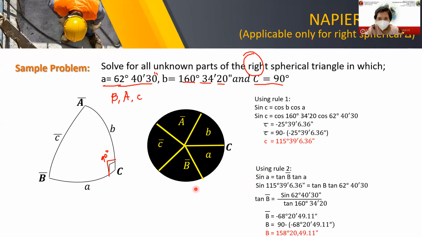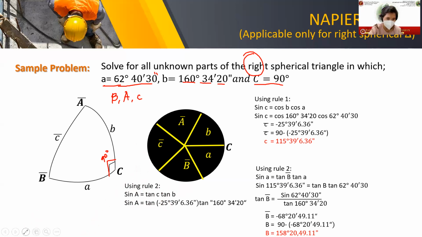dito tayo sa isang illustration. Okay, dito tayo. Si sine A is equals to tangent ni C and tangent ni B. Okay? Therefore, we just substitute the formula. Tangent ni C, tangent of this negative 25 degree, may dash to sa taas. Ay, may dash to.